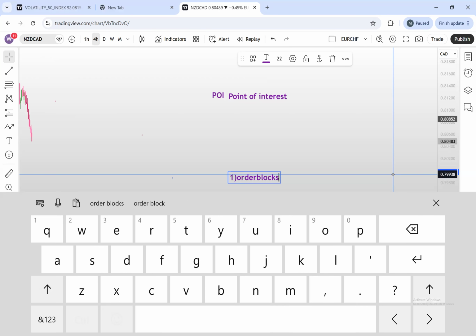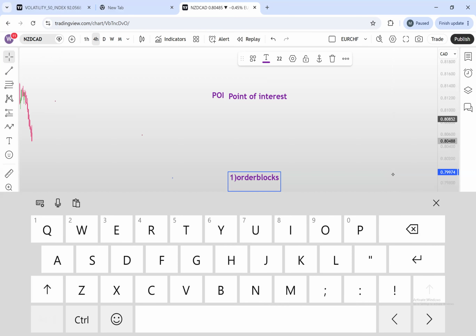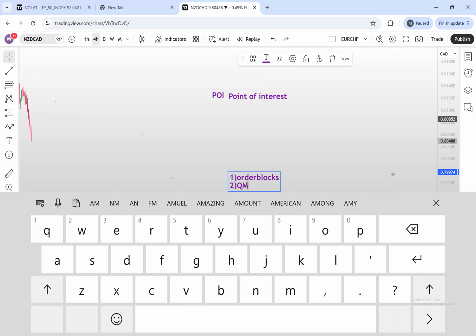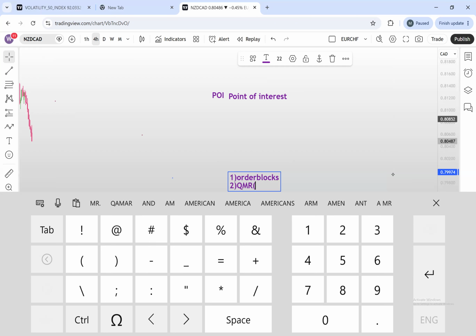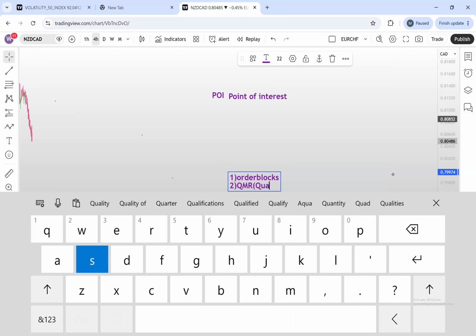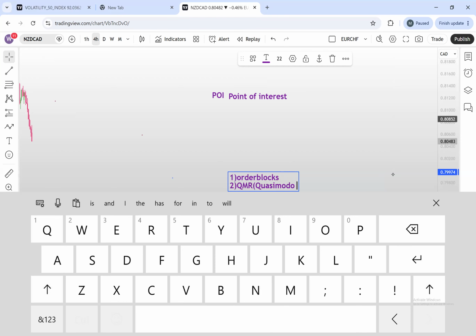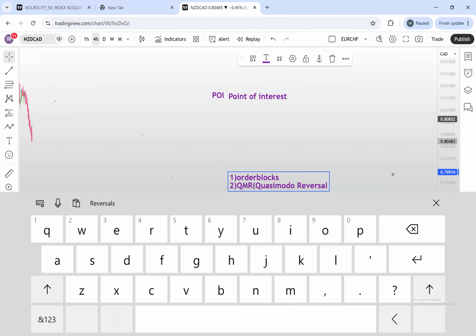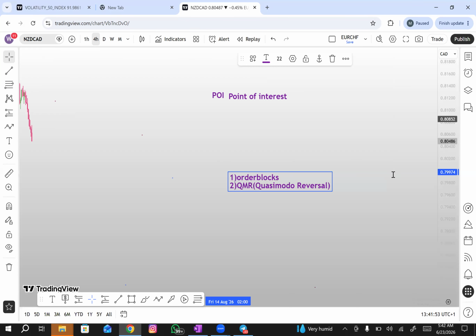Then the second one is QMR or QML, which is the Quasimodo reversal or Quasimodo level.